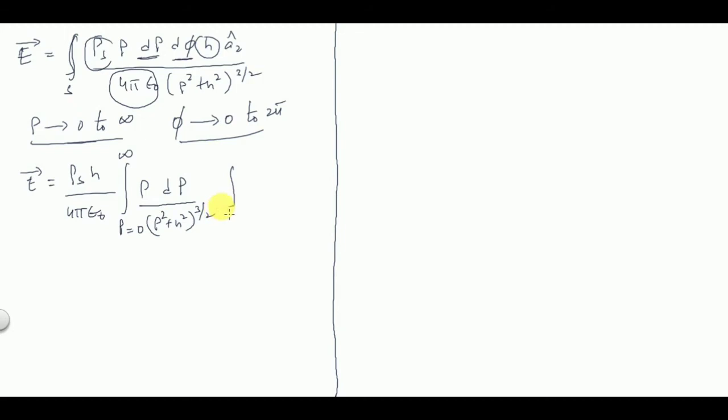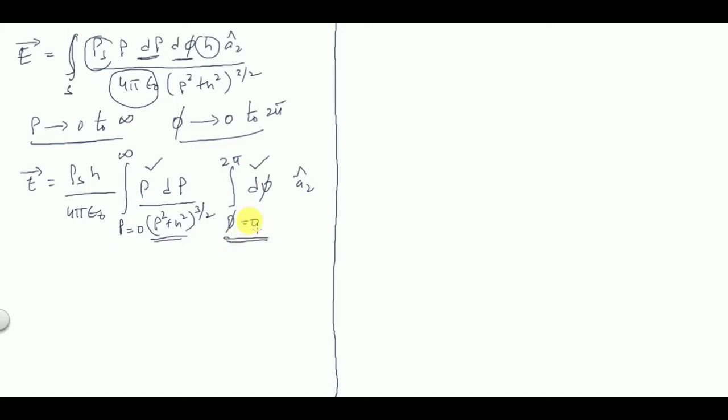And integral of phi from 0 to 2 pi d phi into a_Z cap. I am dividing it into two integrals. All the terms which consist of rho I am taking in this integral, and the only term which consists of phi is d phi, so I am taking it in the second integral.